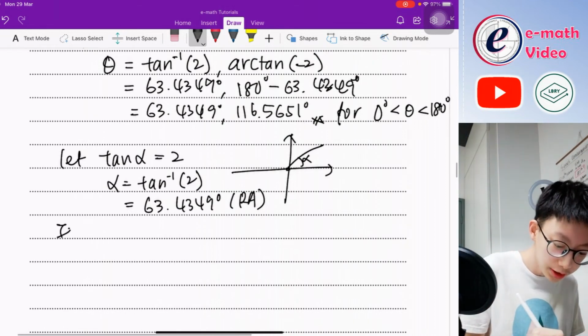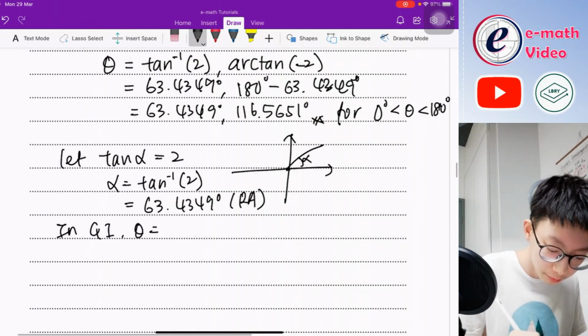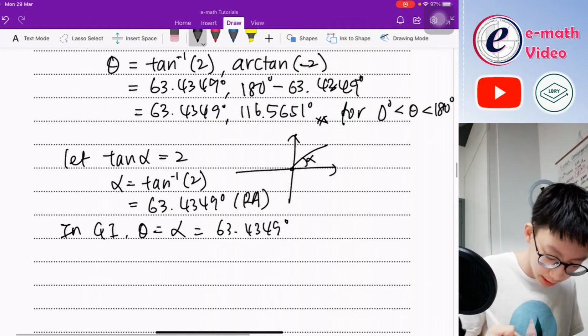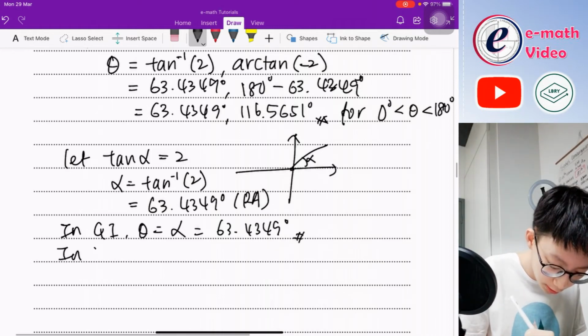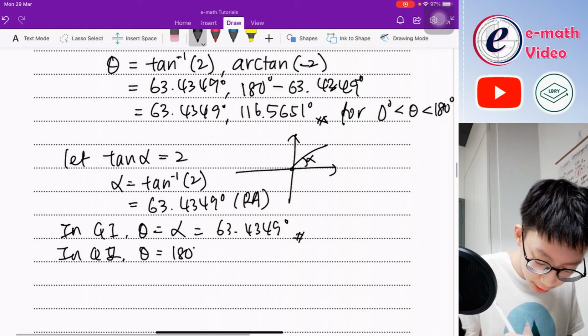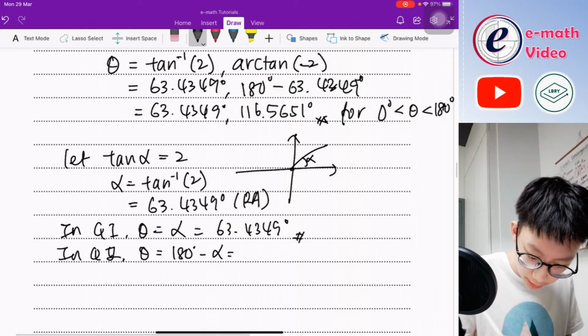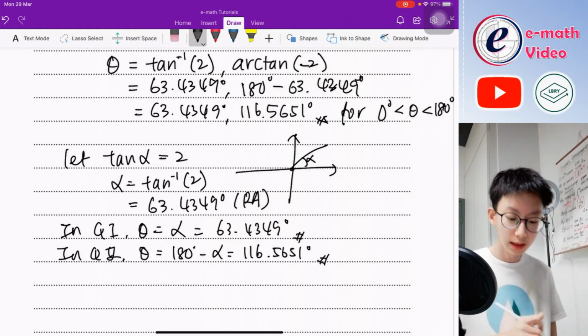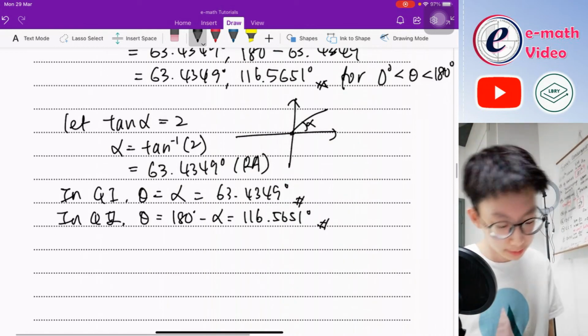So in quadrant 1, your theta will be equal to alpha, which is 63.4349 degrees. In quadrant 2, your theta will be 180 degrees minus alpha, which is 116.5651 degrees.